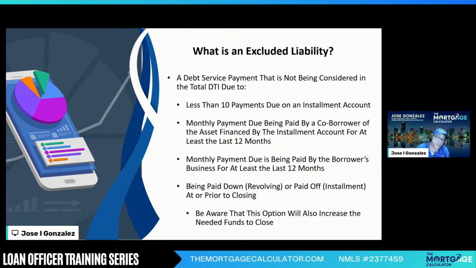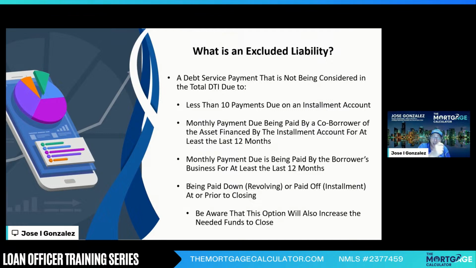It's actually not cash, as you all know. We just use that phrase. But the cash to close will increase according to the amount for that revolving or installment account that is going to be paid at closing. If you click that box that says will be paid, then it's going to increase the cash to close.